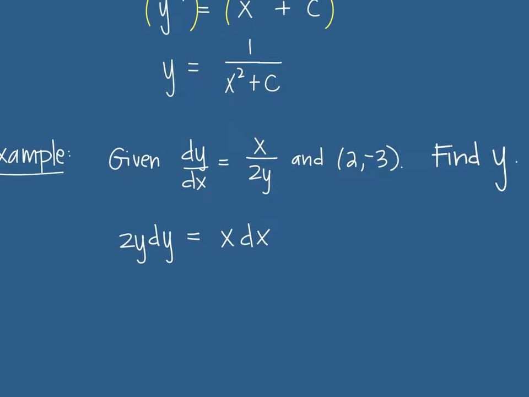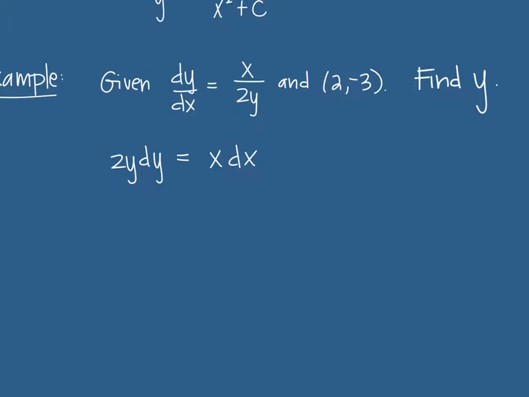Now I will integrate. So I integrate both sides. The integral of 2y dy is y squared plus your first constant. On the other side, the integral is 1/2 x squared plus your second constant.